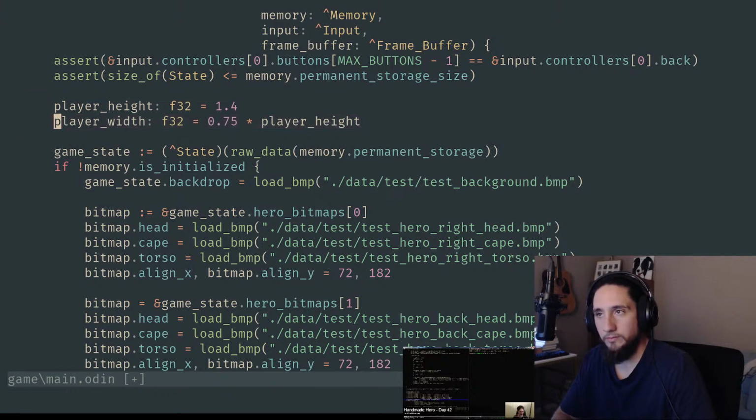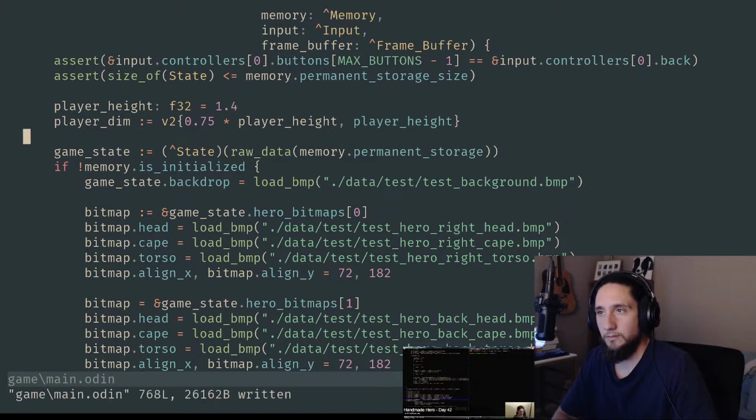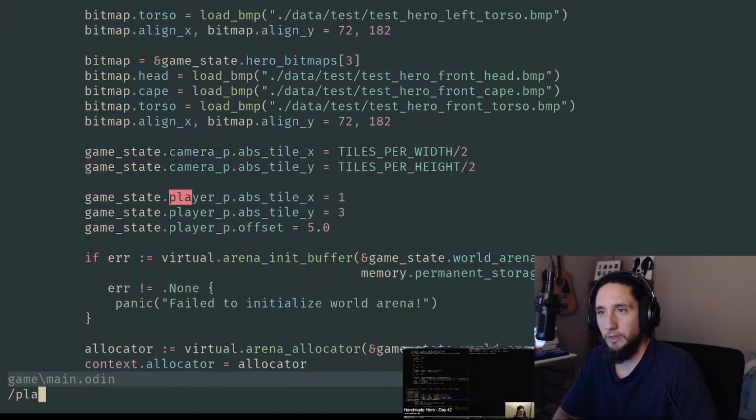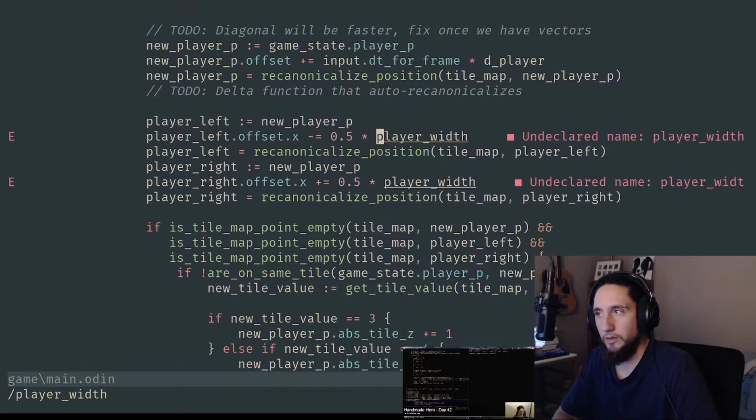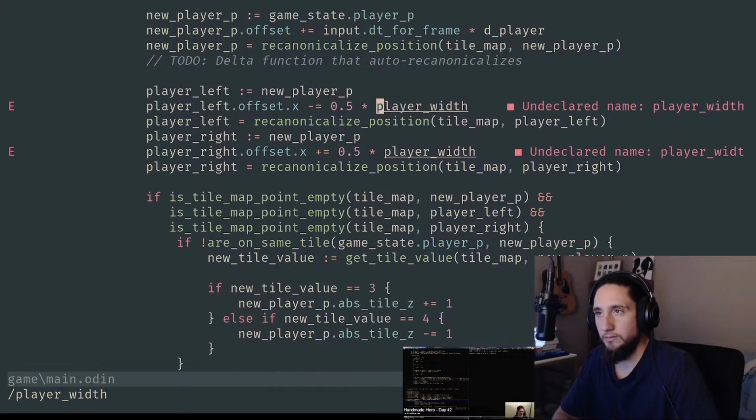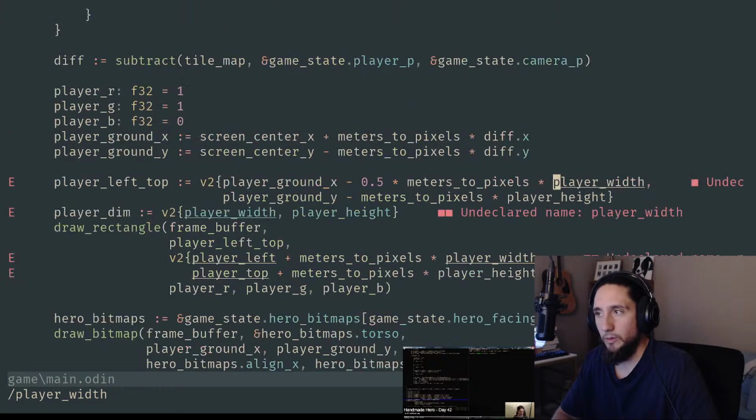So yeah, let's just do this. And then player width down here. Oh no, we do need that. I don't know why I didn't see that before.